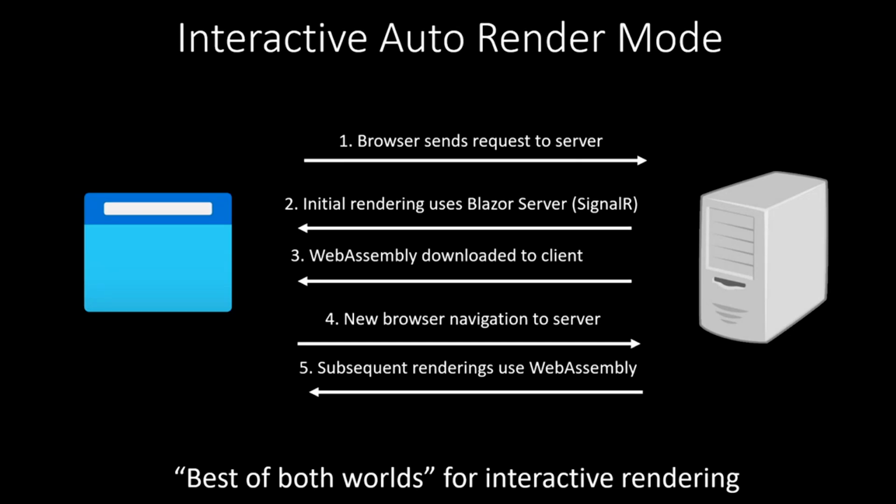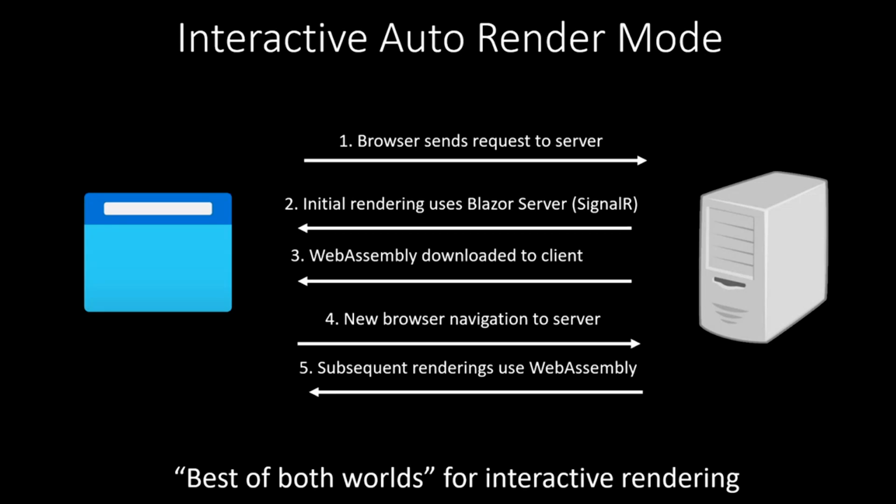The user gets the benefit of a quick, immediate response of content being rendered, and then also the benefit of subsequent navigations rendering very quickly because they're being rendered natively in the browser using WebAssembly. So essentially, this auto render mode was intended to provide the best of both worlds, right? Where I explained before, there were limitations about the interactive render modes for Blazor Server and Blazor WebAssembly. This leverages the best aspects of both to provide a render mode that works well in all scenarios.